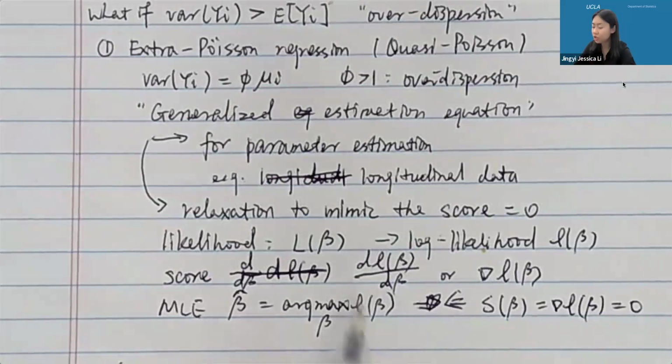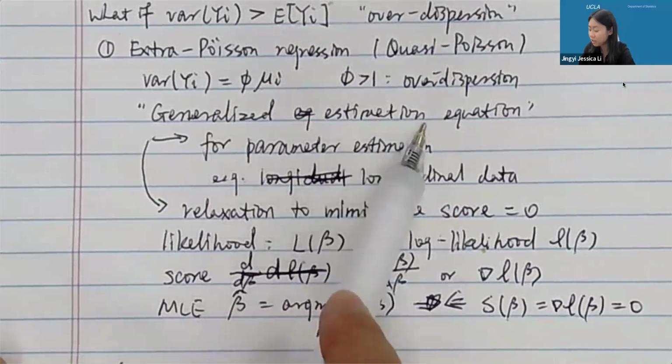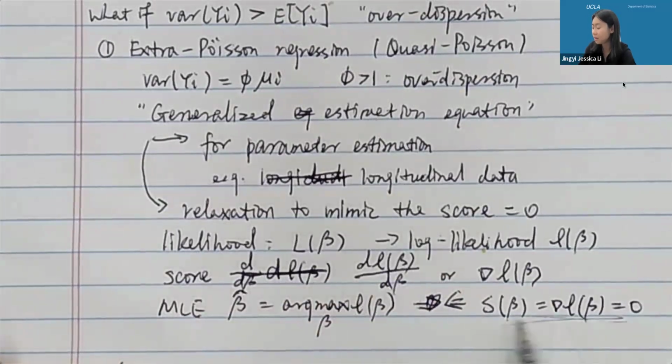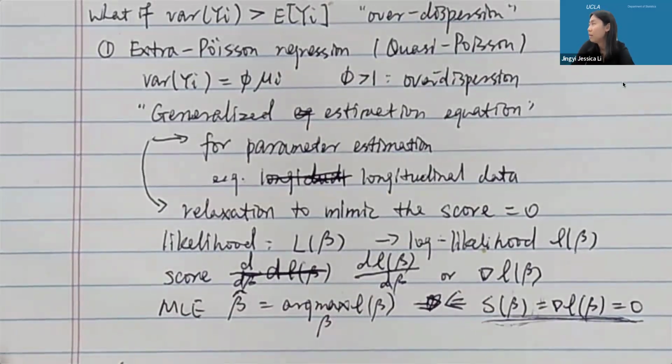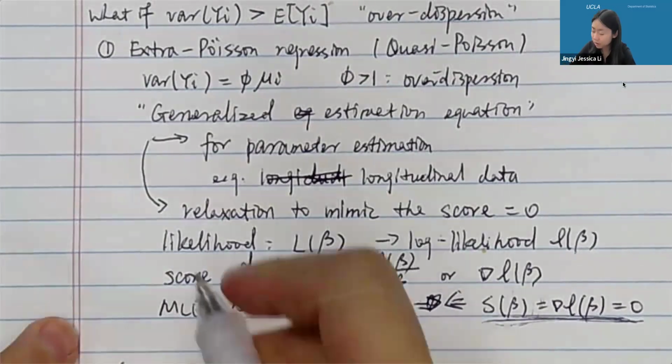And then what this generalized estimation equation does is to generalize this thing. Basically, it will construct something on the left-hand side to replace the score, as what we did with the quasi-likelihood.